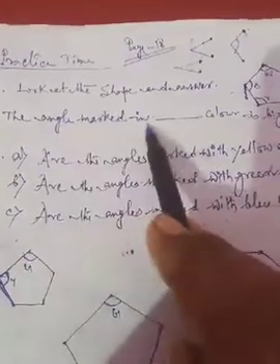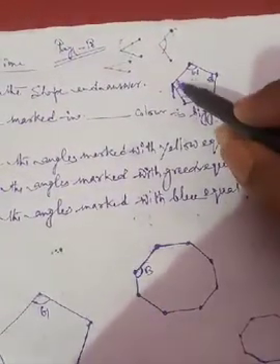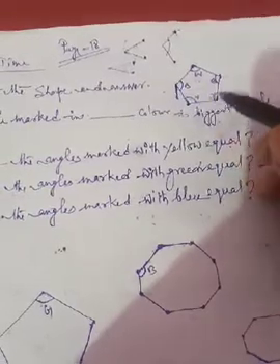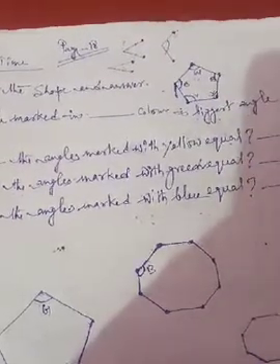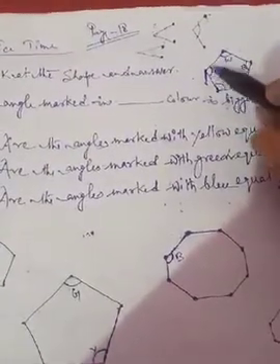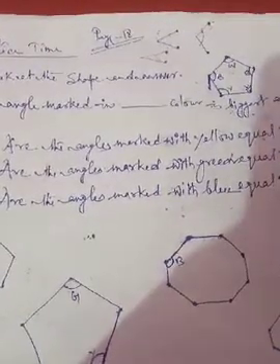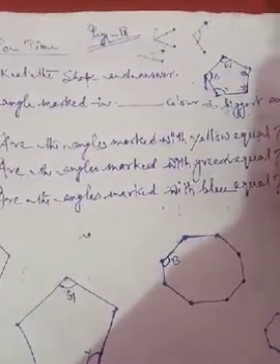The angle marked in dark color is the biggest. So we have to find, among these five angles, one angle, two angle, three angle, four angle, five angle, in the picture you see in your book, which angle is bigger.